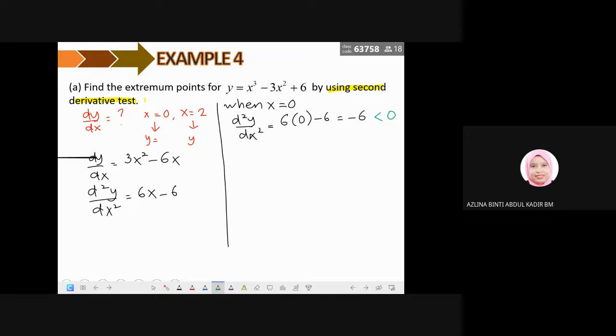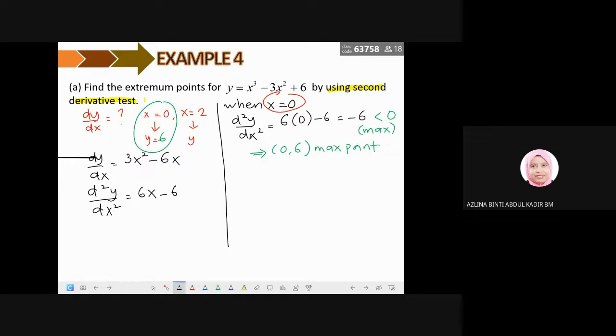Negatif, masam kan? So occur a maximum point at x is equals to 0. When x equals to 0, y is equals to 6. Ni adalah maximum point.